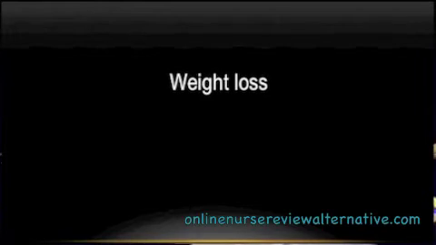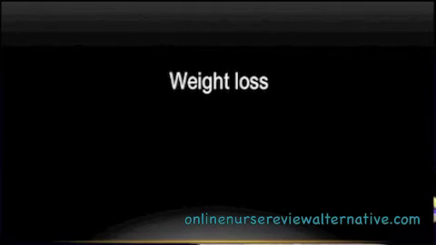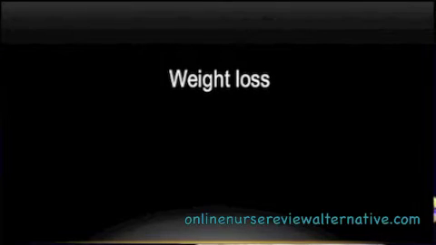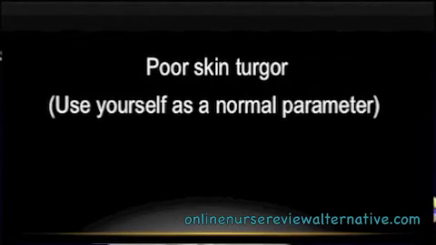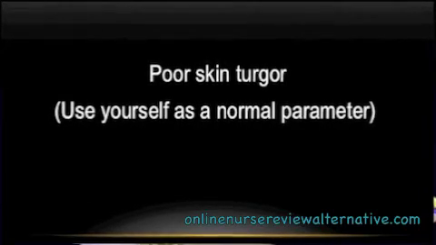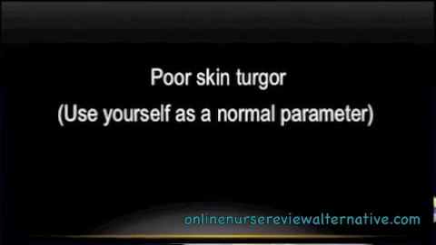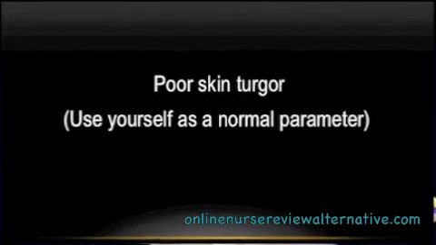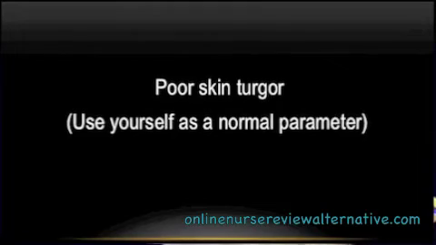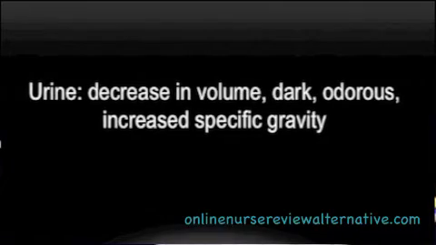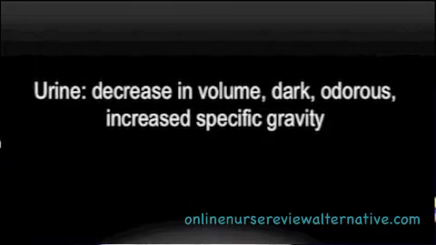Therefore, weight loss or gain, when we look at the opposite, is going to be one of the parameters that we need to look at. Poor skin turgor, and remember you're going to use yourself as normal, and you're going to test your own skin turgor to determine whether in fact it is normal, and then assess the patient's skin turgor against your own. And of course, increased respirations and increased urinary output, and we've already discussed that.